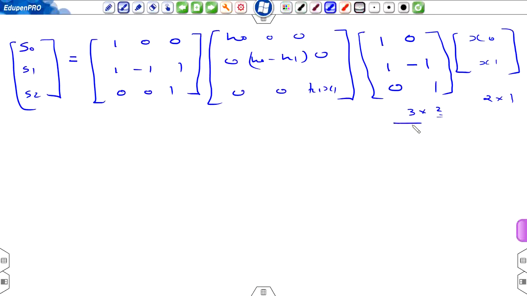Okay, so this is a pre-computation matrix, this is post-addition matrix. This consists of the constant coefficients, and this matrix consists of signal elements. Okay, so the computations carried out are as follows.